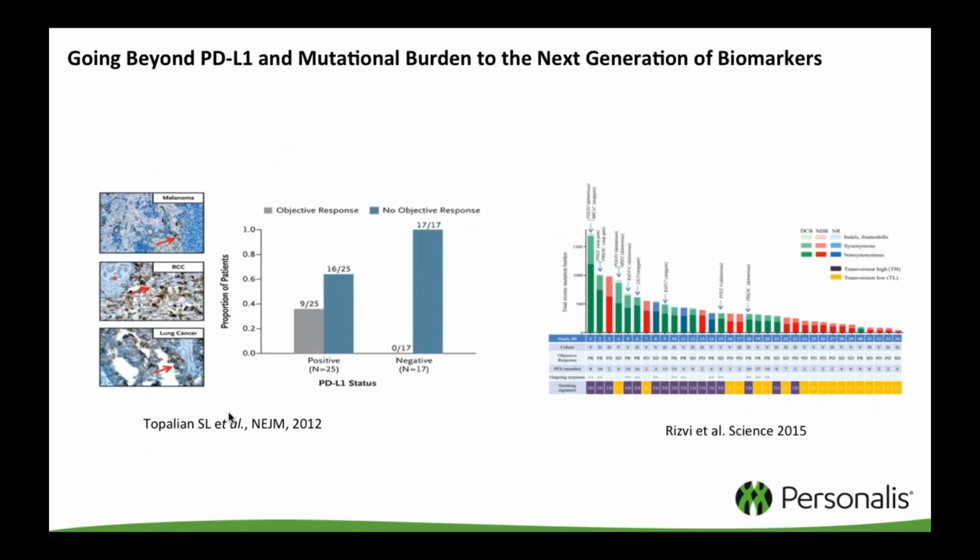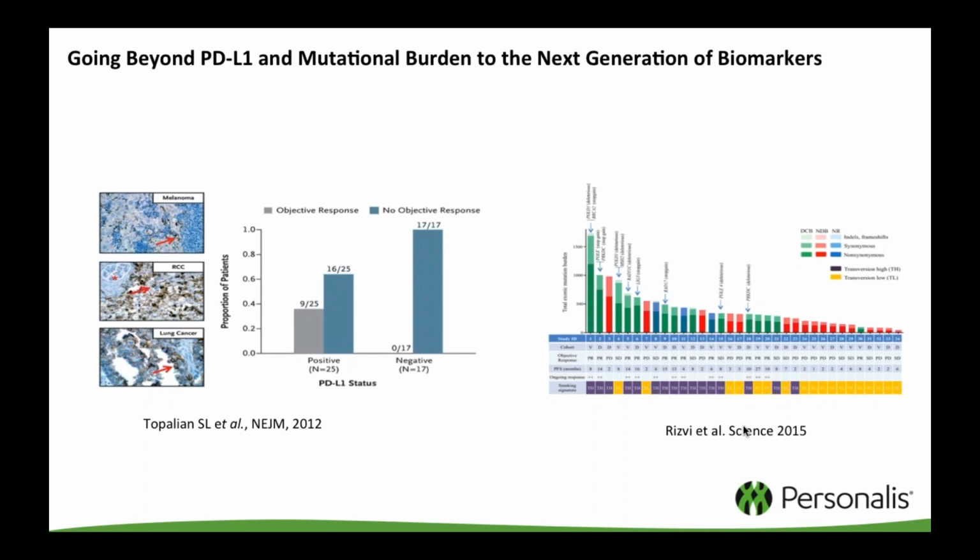So as we've seen, PD-L1 expression is not a perfect metric for determining patient response for checkpoint inhibitor therapy. While it does provide some clinical utility, most are going beyond PD-L1. And also, likewise, mutational burden is an additional metric suggested for determining patient response.